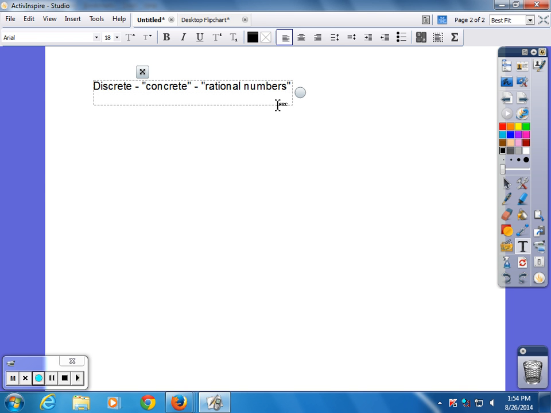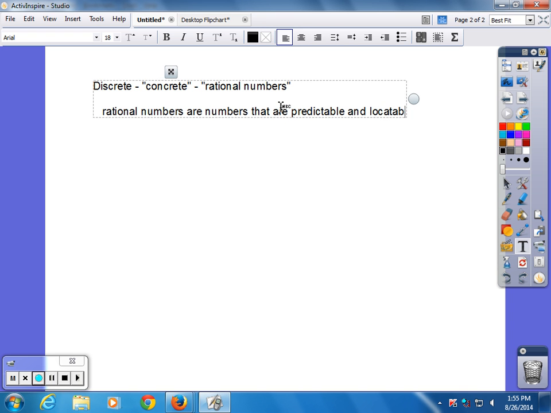Okay. Rational numbers are numbers that are predictable and locatable. What the heck is he talking about?